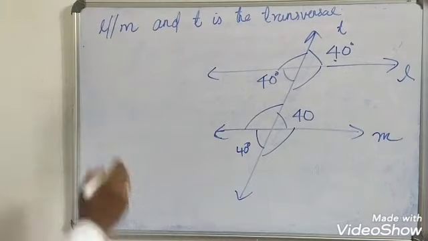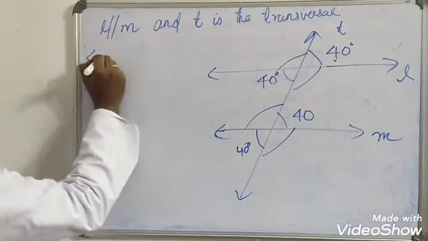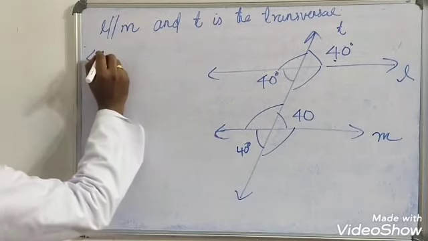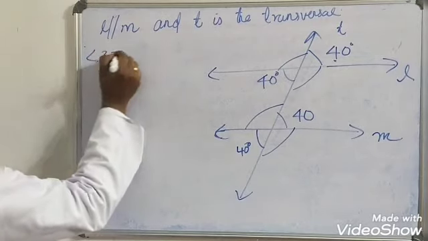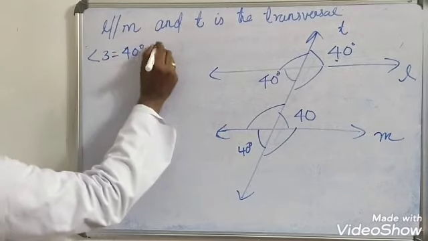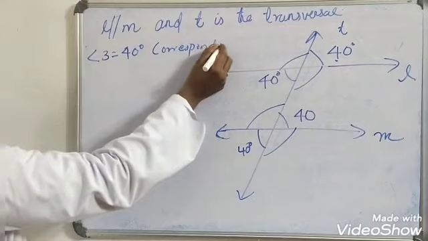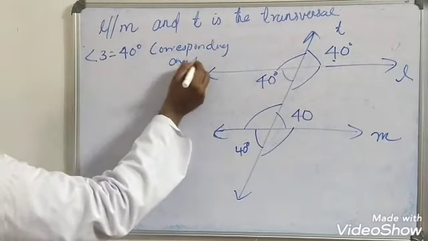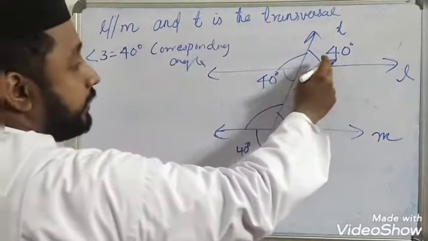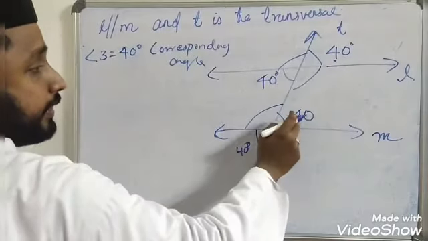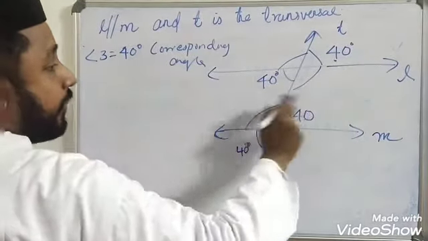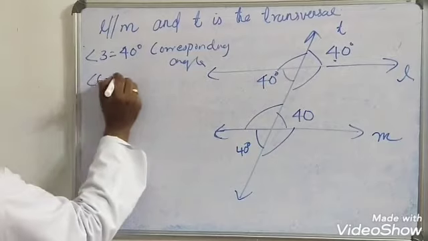So we got angle 3, that is 40 degrees. Reason is corresponding angle. Then this is angle 2 or angle 1, 2, 3, 4, 5, 6. Angle 6 is equal to 40 degrees.